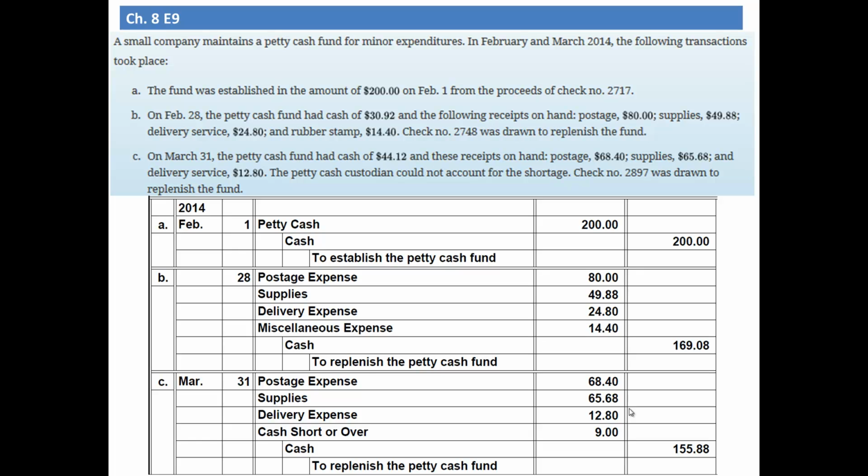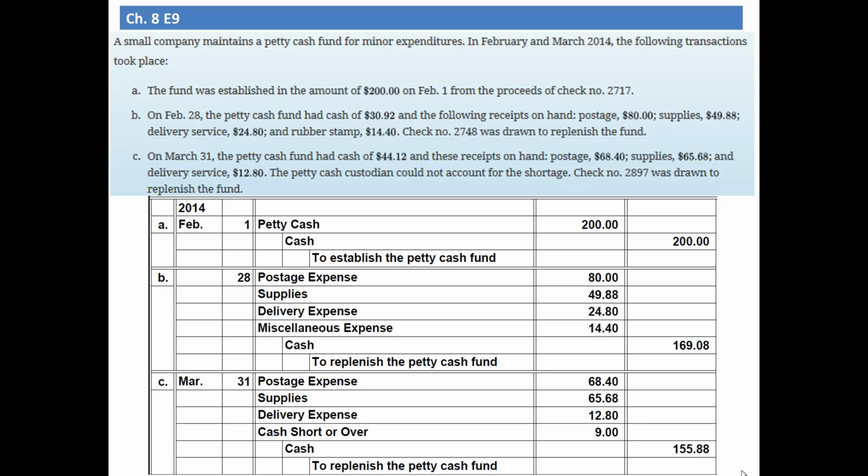So if you were to take the $200 that we initially had in our petty cash and subtract out the $44.12 left, it shows that we would have spent $155.88.